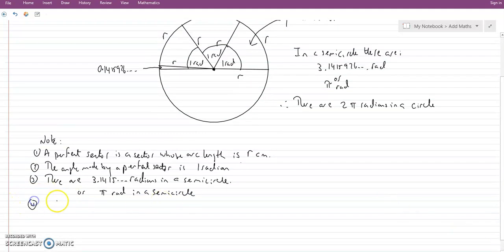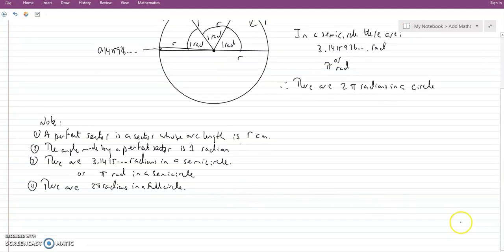And the last thing to note is that there are 2 pi radians in a full circle. These are the key points to take away. Excuse the handwriting, I'm still getting used to this writing tablet.